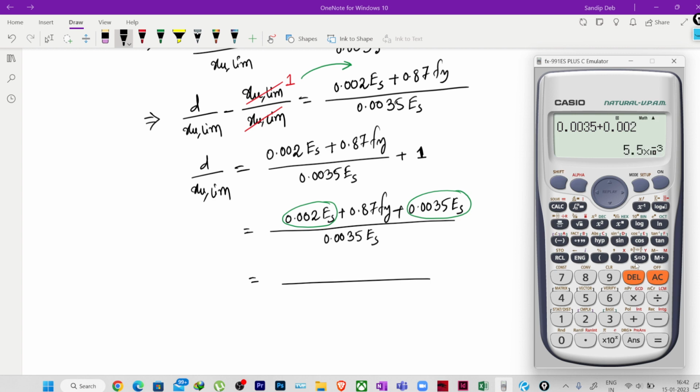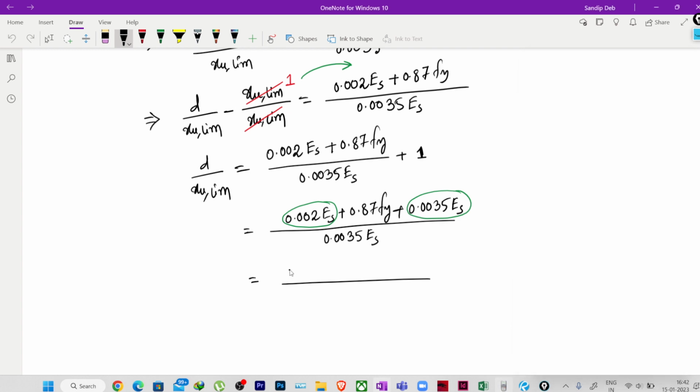Okay, so it will be 0.0055. You can see 5.5 multiplied by 10 power minus 3. So it will be 0.0055 ES plus 0.87 FY by 0.0035 into ES.